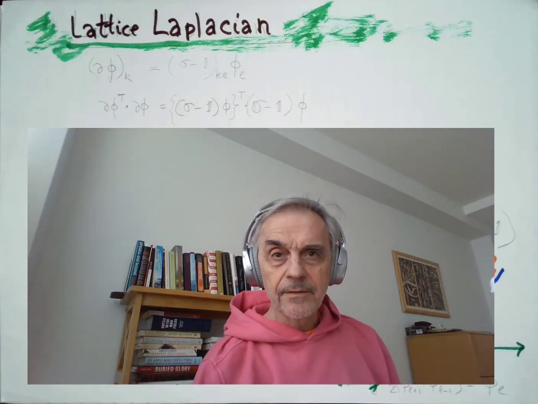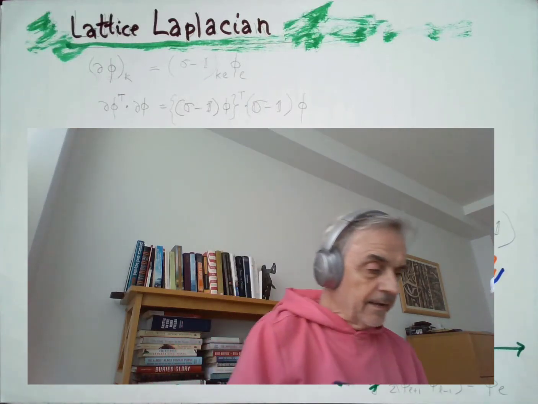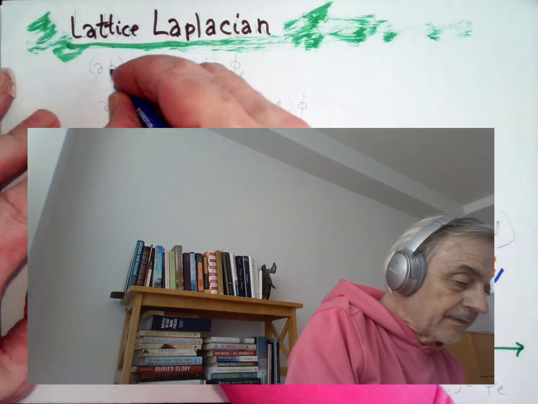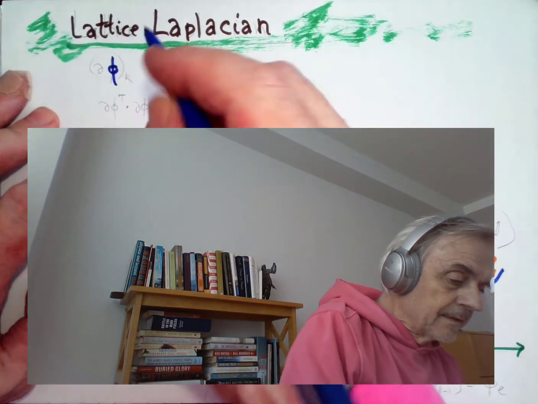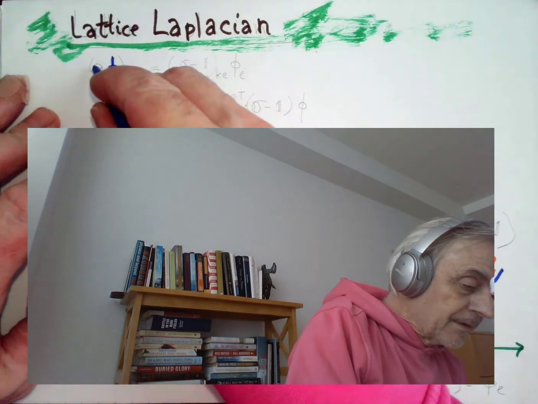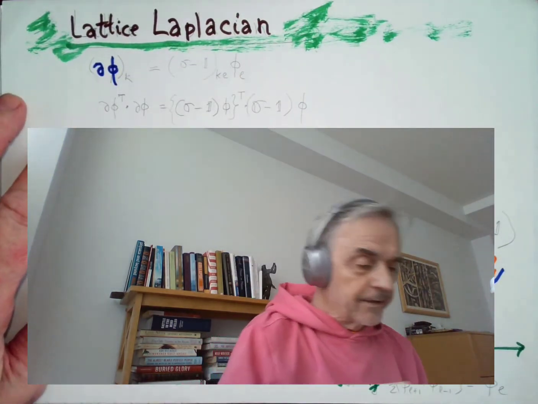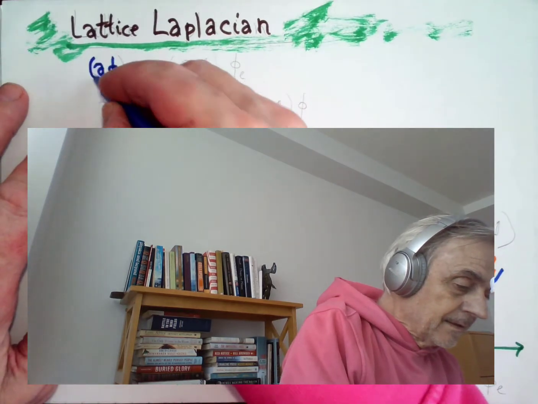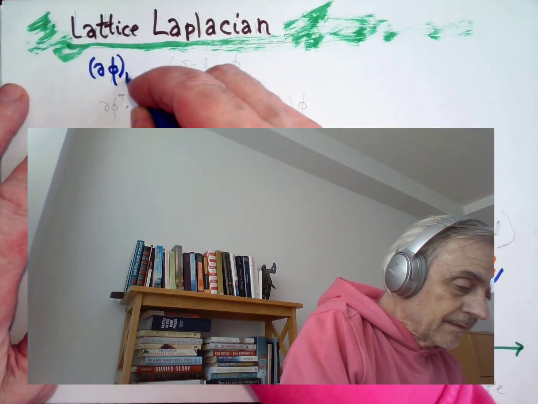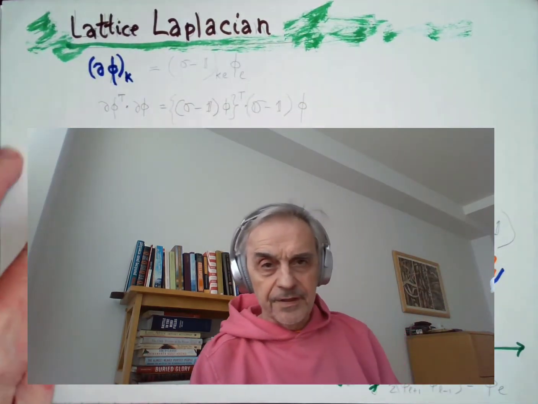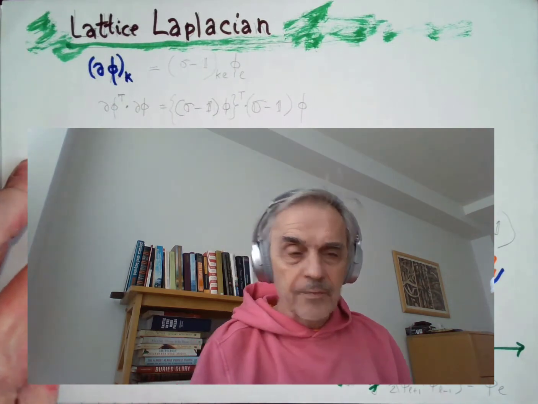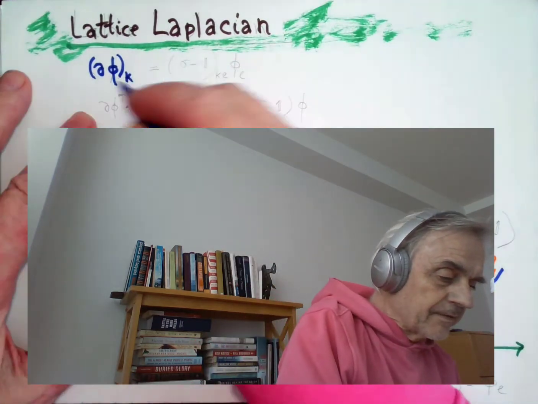So far, we have defined a derivative of the field. So if you have a field, its derivative field is k entries, k going from 0 to, let's say, n minus 1, or whatever the dimension of this vector is.